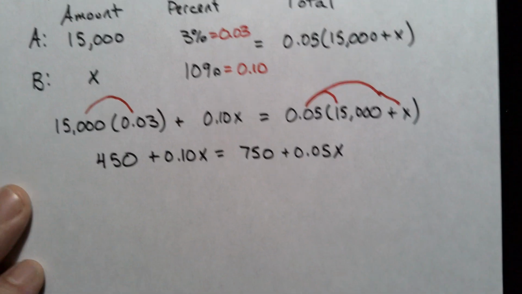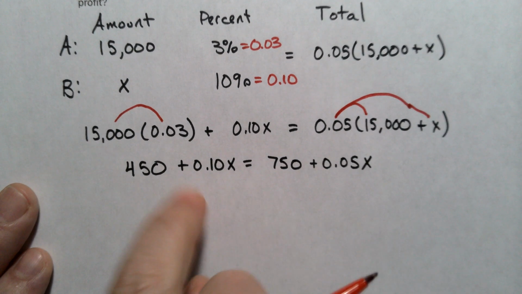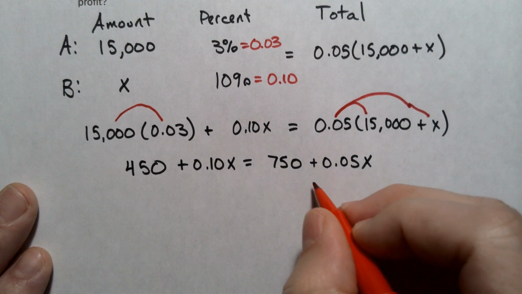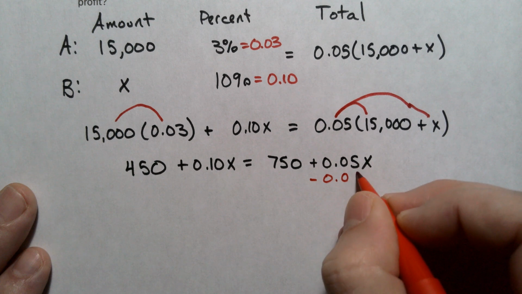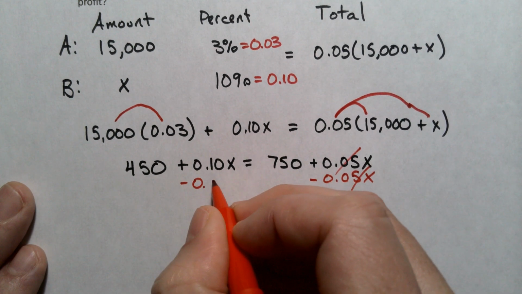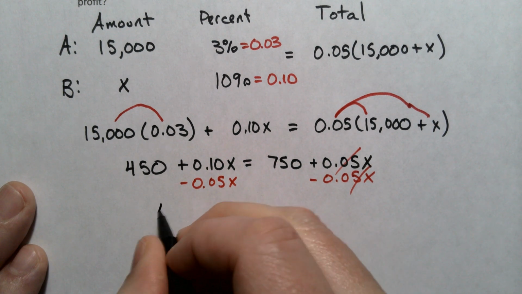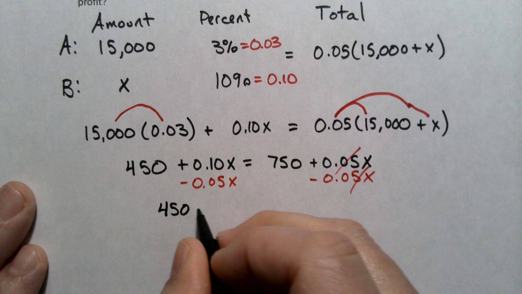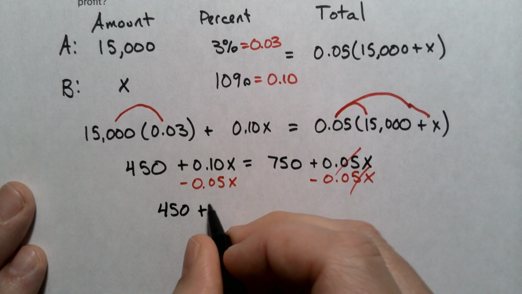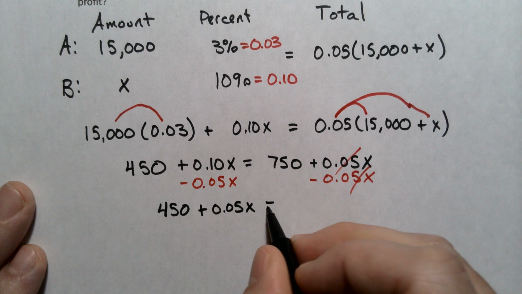Okay, so let's go ahead and pick a side to put the x's on. I'm going to choose the left side to put my x's on, which means I need to subtract this x to get it over to the other side. So 0.05 is what I'm subtracting. Okay, so we have 450 plus, if you do this subtraction, you get 0.05x positive equals 750.